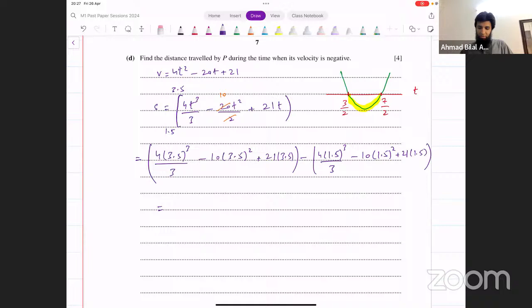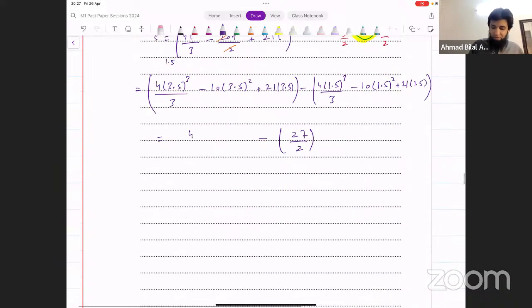With 1.5, this gives me 27/2. And then with 3.5, it's giving me 49/6.